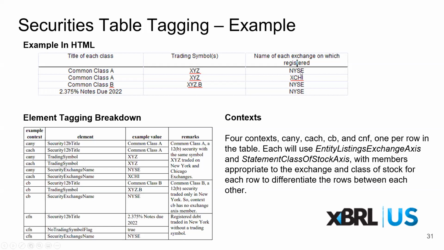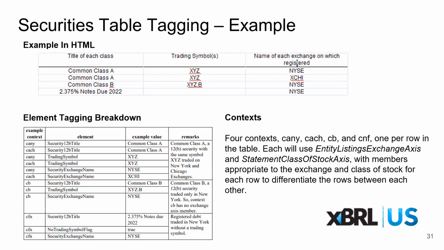And we're going to use on each row two dimensions. Our first row is going to get the Statement Class of Stock Axis, and that is going to be the common class A member because we're using common class A for that row.